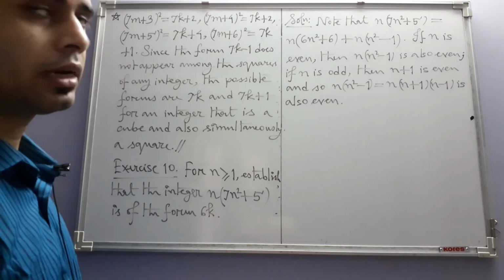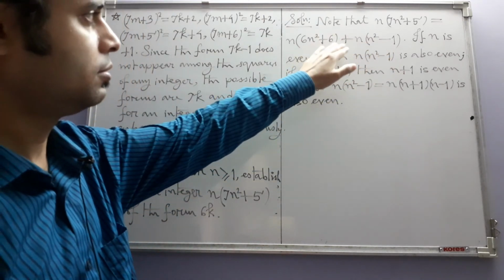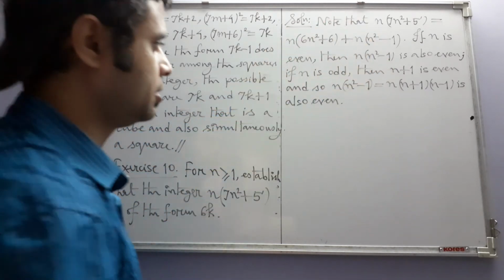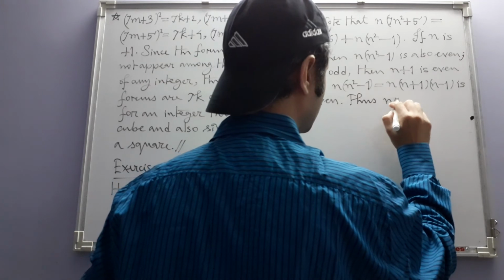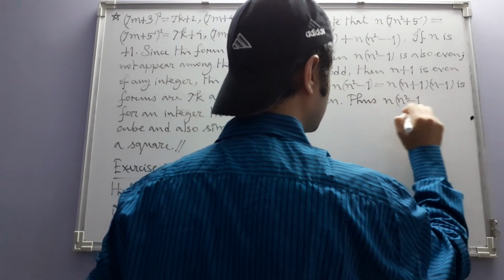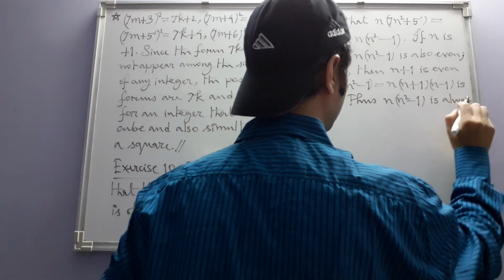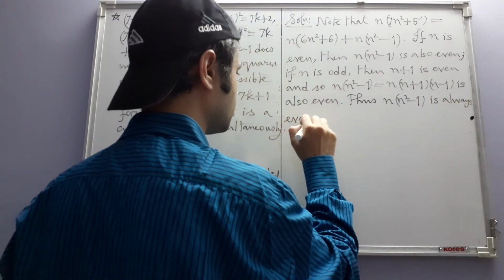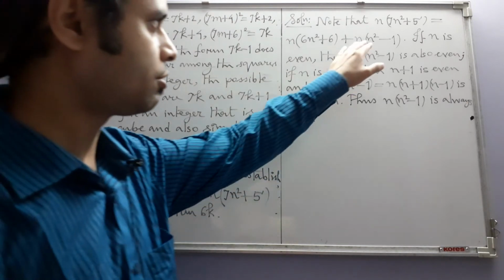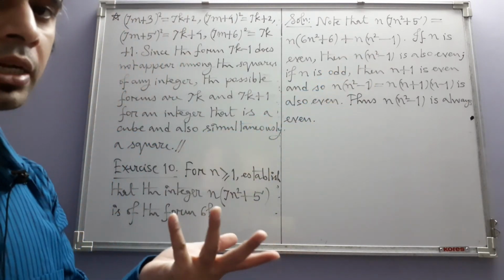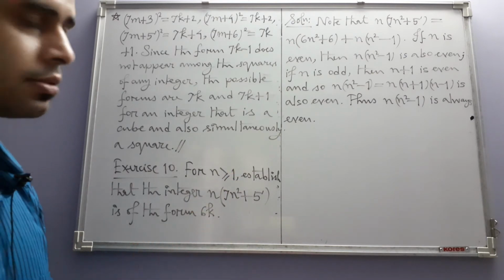So we see that in any case this part of the sum is always an even integer. Thus n times n square minus 1 is always even. Now if we can show that this is always also divisible by 3, then it will be a multiple of 6.